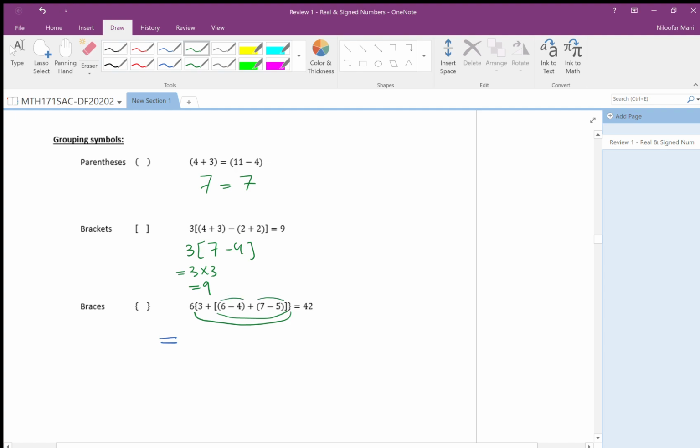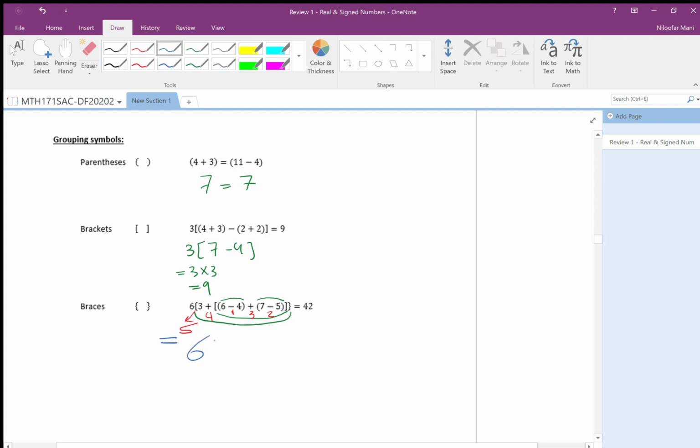So this one first, this one next, then this one, 3. The innermost bracket first. I have to go inside and do the innermost bracket, then the next bracket, and then I finish another bracket. I come outside little by little. This is 1, 2, 3, and this is 4, and this is 5. This multiplication is 5, and then I am done.